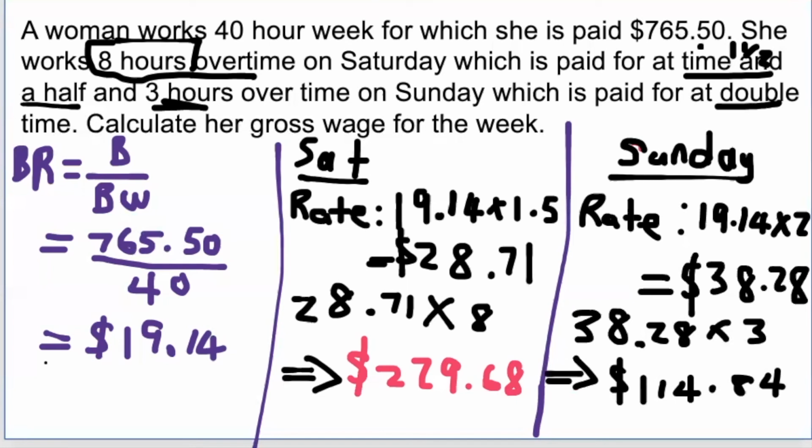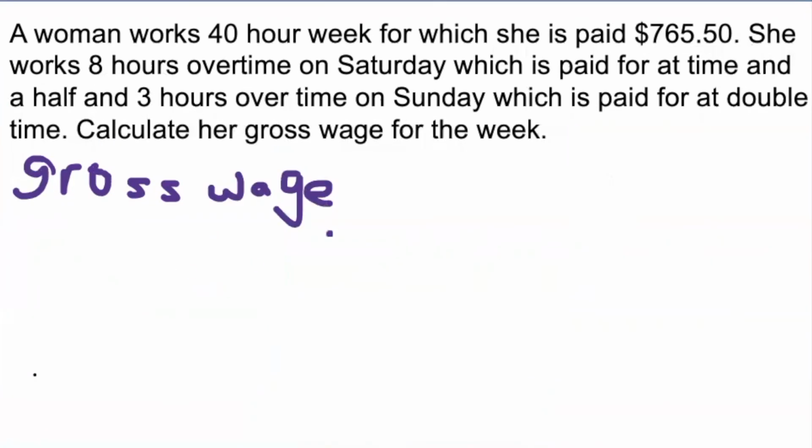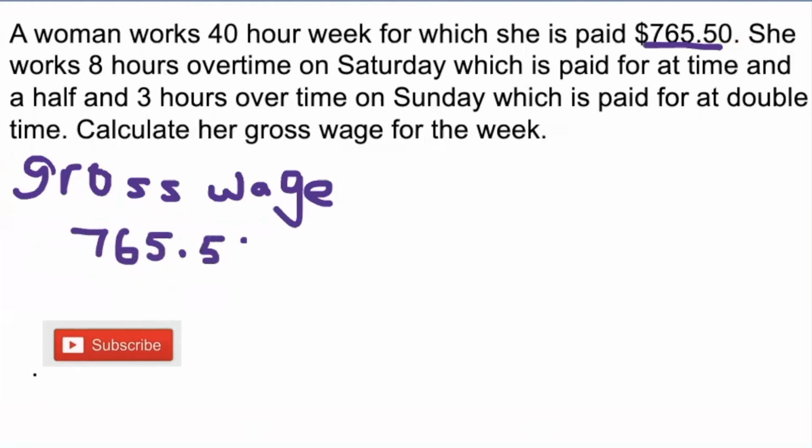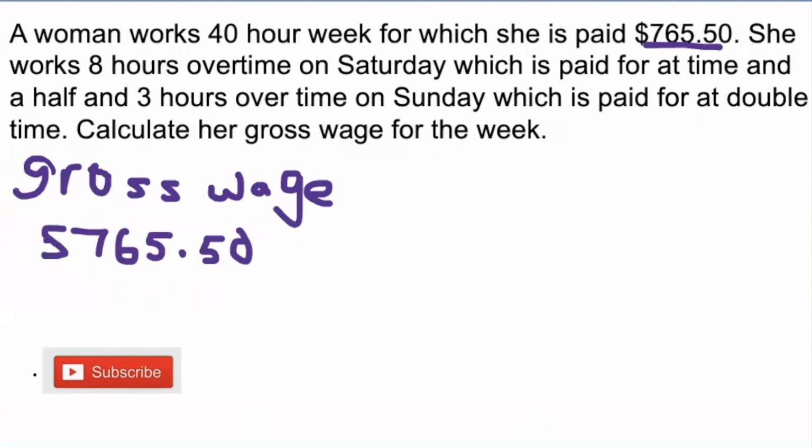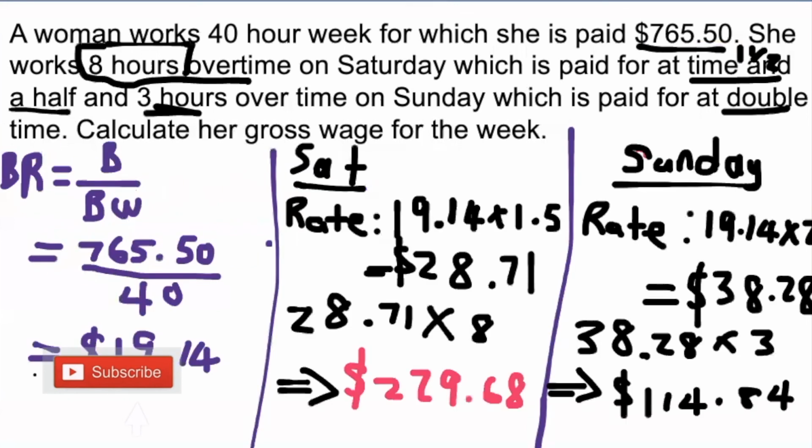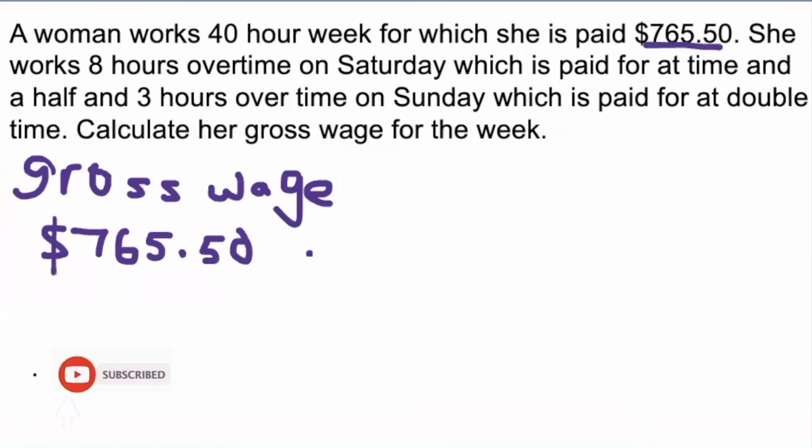So how much did this person bring home for that week? So we have to find the totals. So the gross wage is the amount that this lady worked for the week, which is $765.50. That's the amount, the normal pay. But on Saturday, she made $229.68.